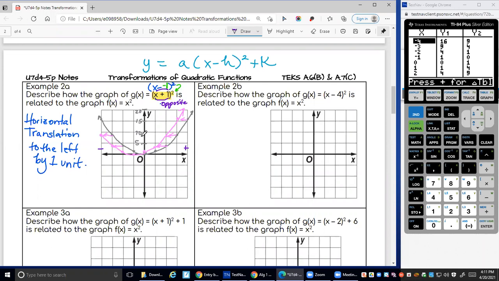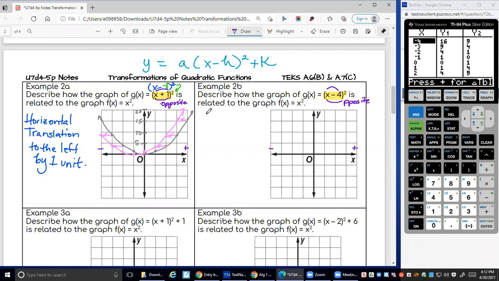So it's -1. So if I look at this right here, I got X minus 4 to the power of 2. Which way do you think this is going to go? Remember, it's opposite. So because negative numbers live here, positive numbers live here, and it's the opposite of what we think, it should go to the right.